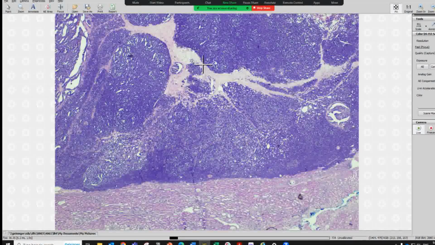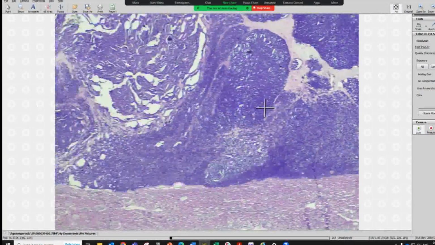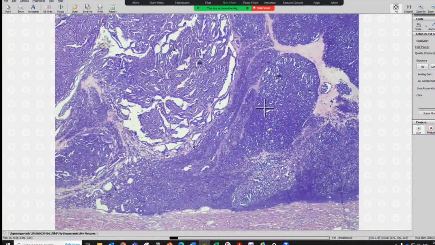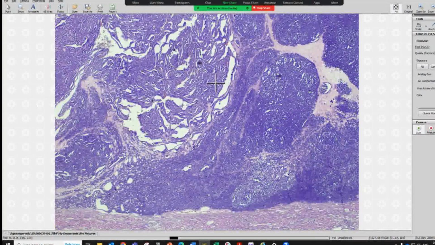So we have minimal stroma, and this bluish tumor cell area forms tubules. In another area, we can see papillary structures. So this tumor can form tubules and papillary structures. When you see papillary structures in the kidney, there are three main differentials I can think of. Can anyone think of a differential when you see papillary structures in the kidney?